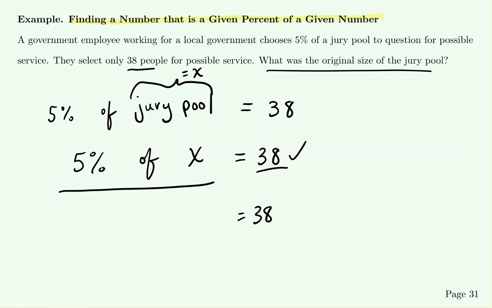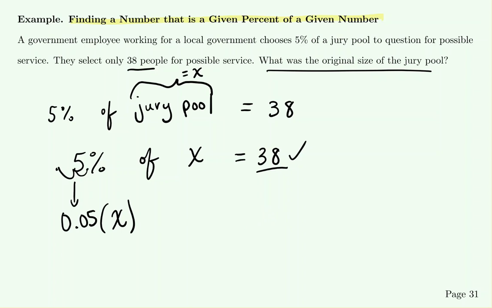But we think about how do you find 5% of any number? Well, you first turn the 5% into a decimal. Decimal places here, move 2 places to the left. So this is 0.05. To find any percentage of a number, you then multiply that by the number. And in this case, we don't know what the number X is, but we can still write X as a placeholder.